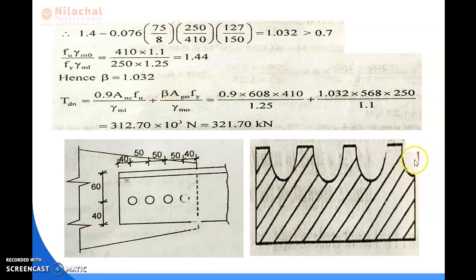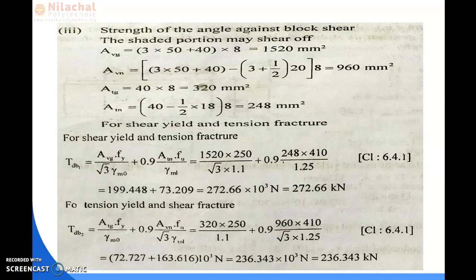So 1 by 2 multiplied by the hole diameter, which is 20. So we can deduct this portion from the total width of the block shear portion along the T line. Hence, we got the value as 248 mm square.